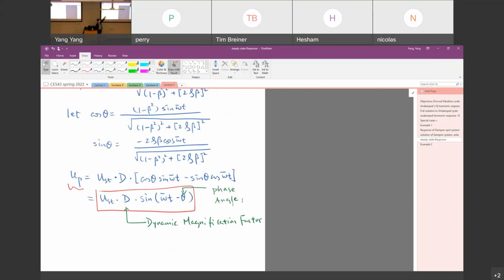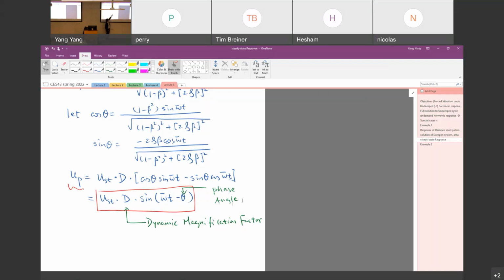You just express the steady state in a shorter expression here, so that the dynamic steady displacement can be expressed as the static response times the dynamic magnification, that tells us the magnification of the maximum dynamic displacement compared to the static response, times a sine term.